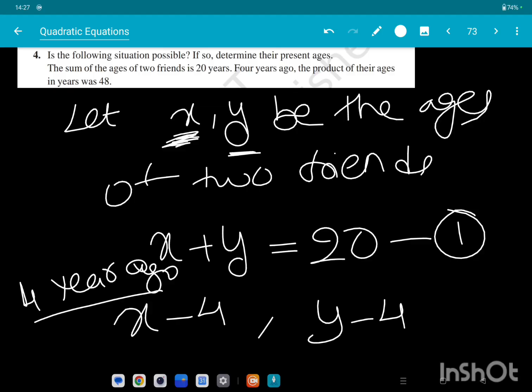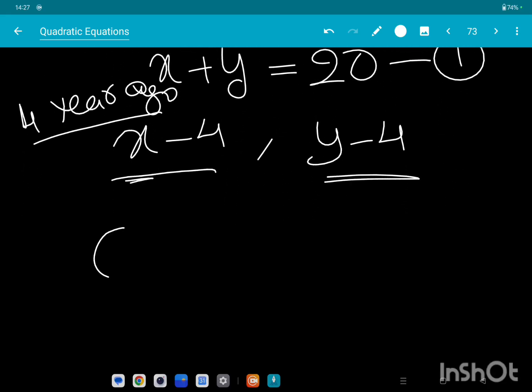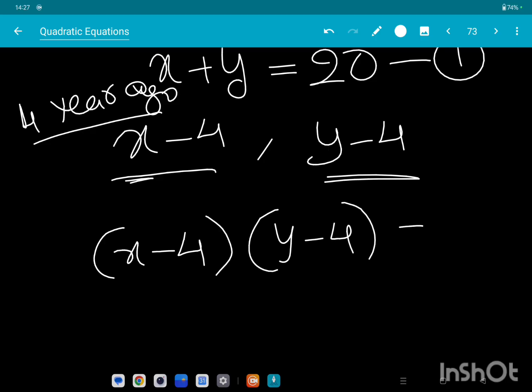And it was given that 4 years ago the product of their ages in years was 48. So this age and this age product is x minus 4 into y minus 4 is equal to 48, because it was given that the product of their ages 4 years before was 48.